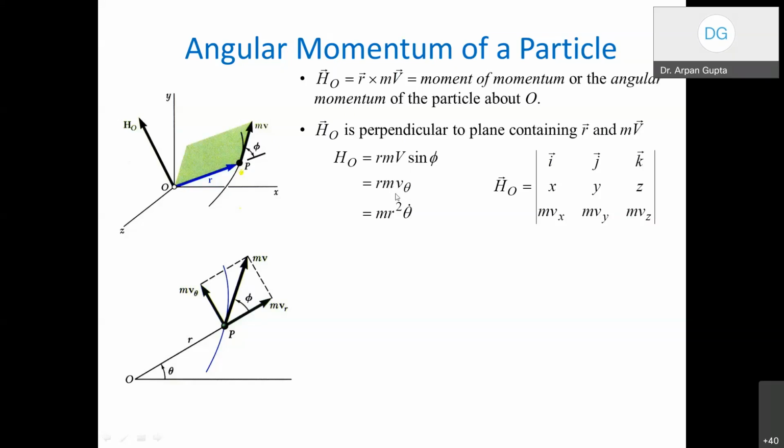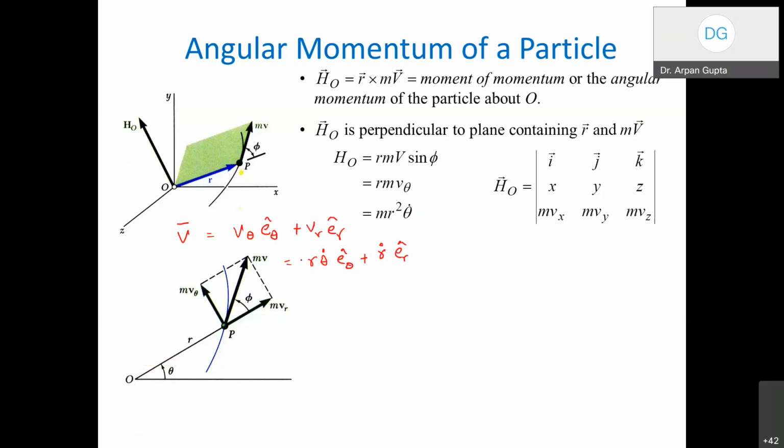If the r vector is rotating with a theta dot velocity, then we know that the v vector is v theta e theta cap plus v r e r cap, and the general expression is r theta dot e theta cap plus r dot e r cap.